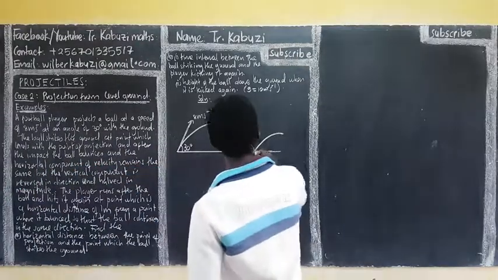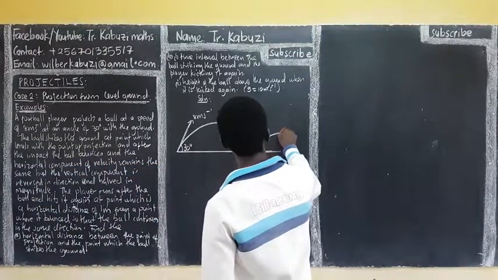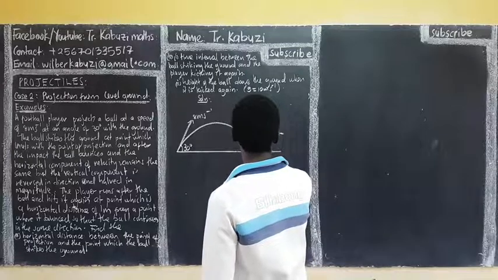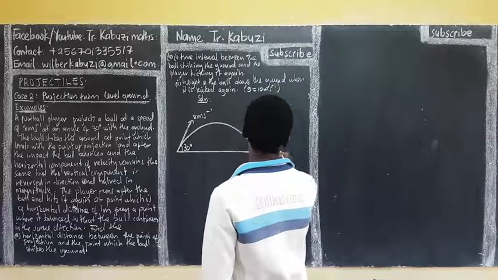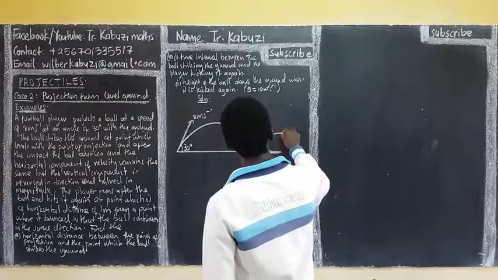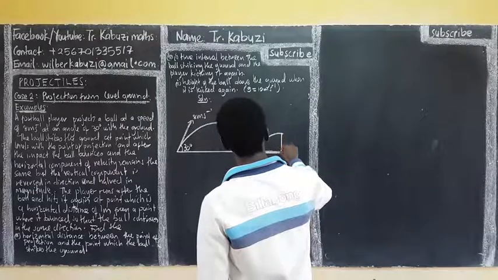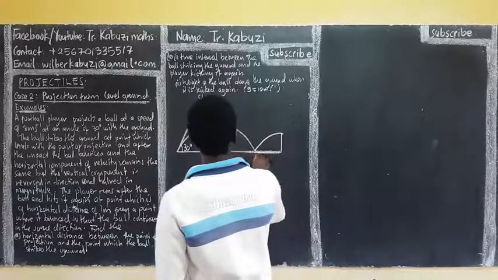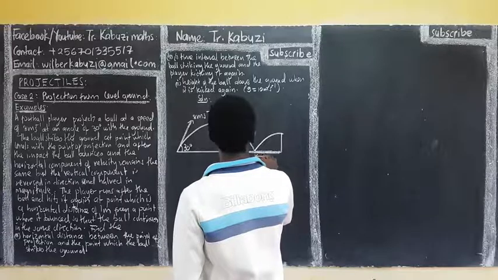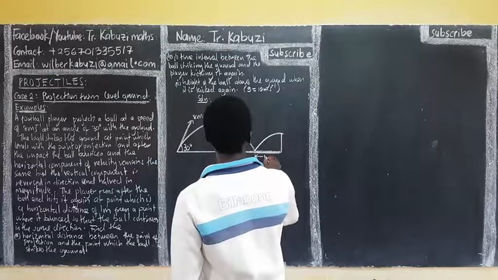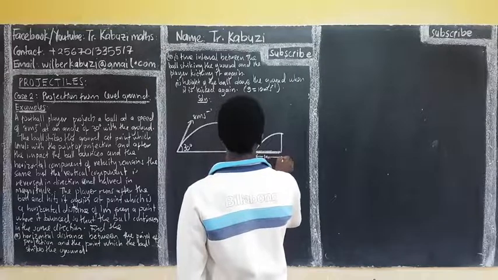So this player is going to be 1 meter from where it bounced. So we are going to assume this is going to be our 1 meter. Then this player is going to come and strike the ball again from where it bounced. There they are giving us 1 meter.